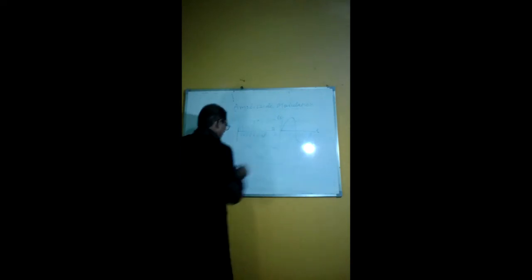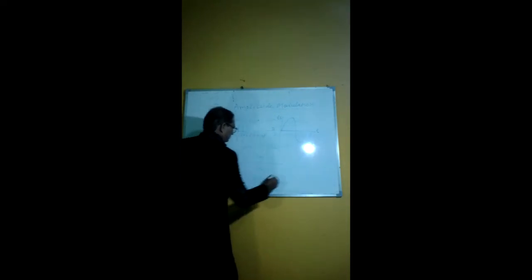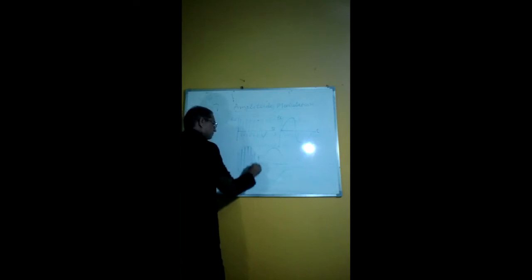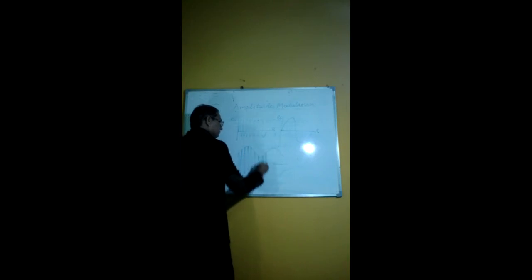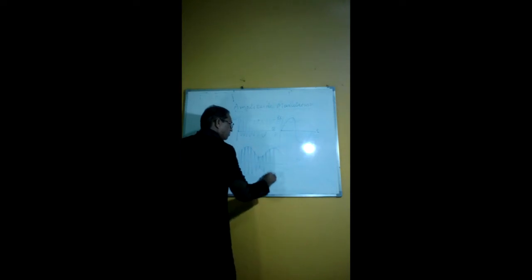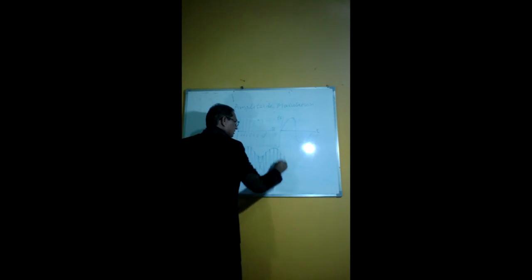Here we are changing the amplitude of the carrier wave in accordance with the intensity of the signal wave. The information is always contained in the variations of the amplitude of the carrier wave.